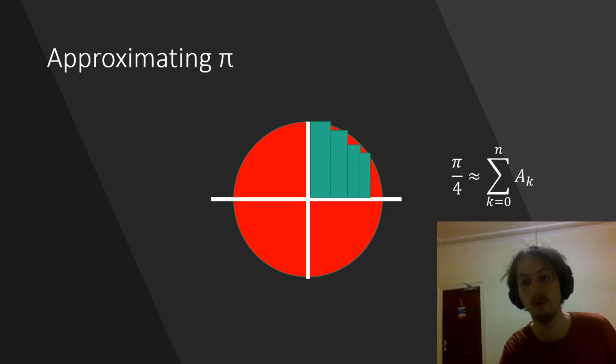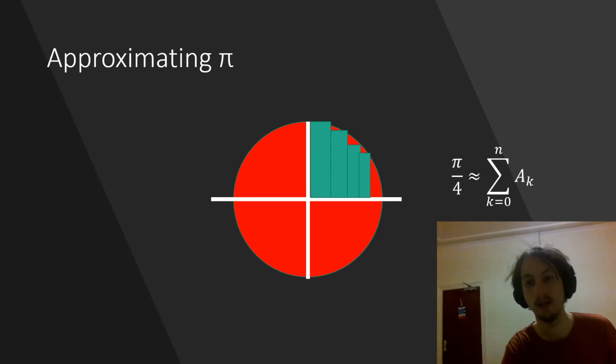So pi by 4 is approximately the sum that we get when we sum all these rectangles, and n is the number of rectangles we're summing.